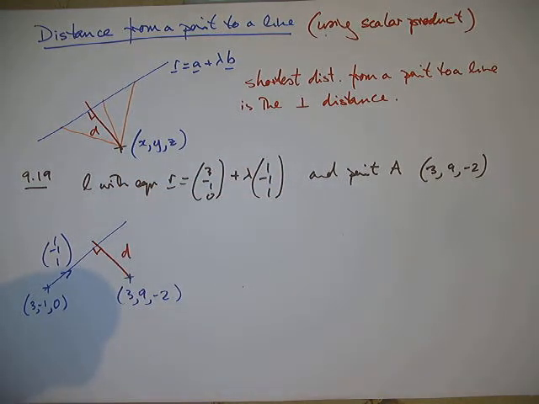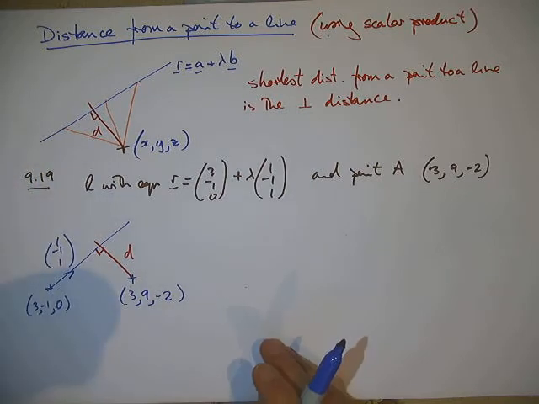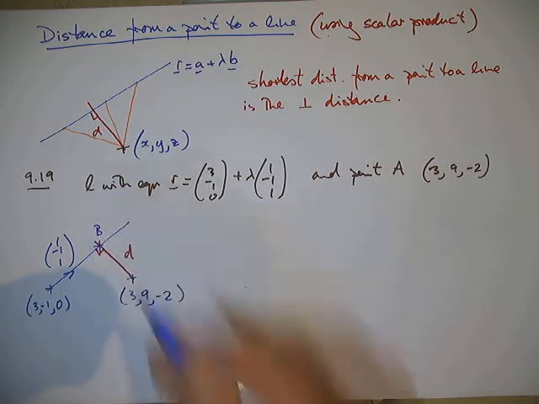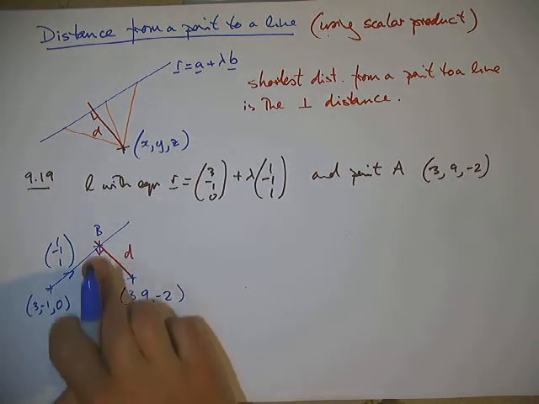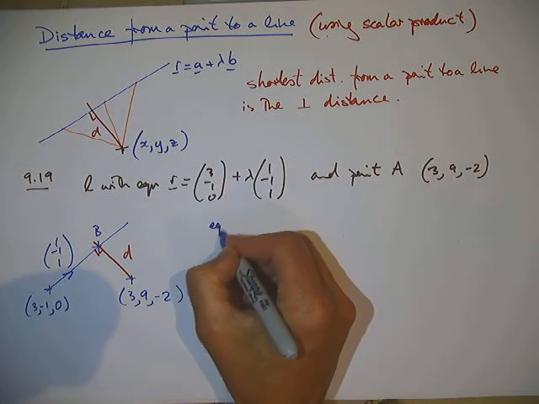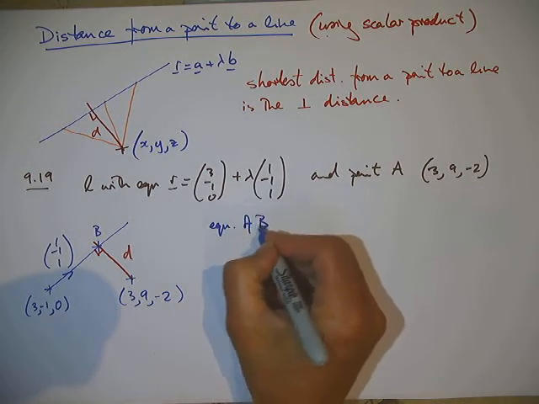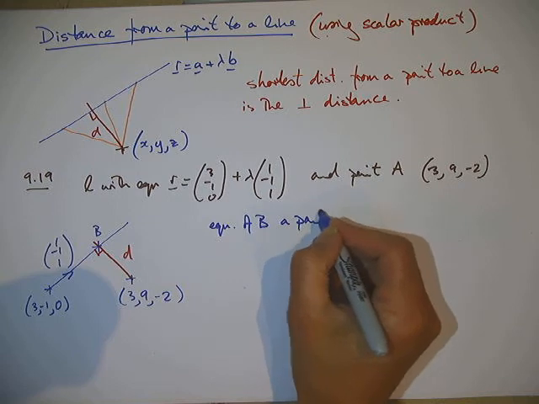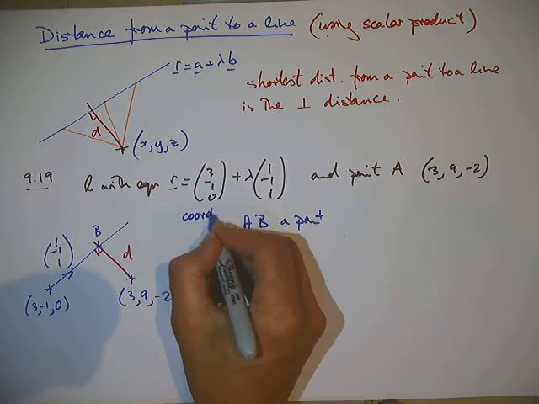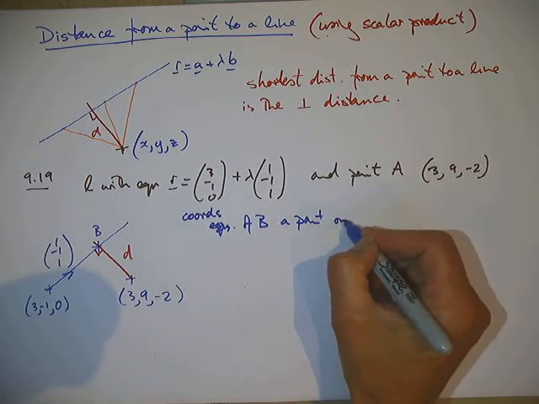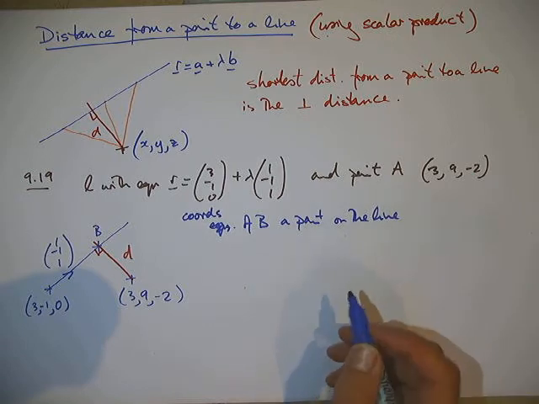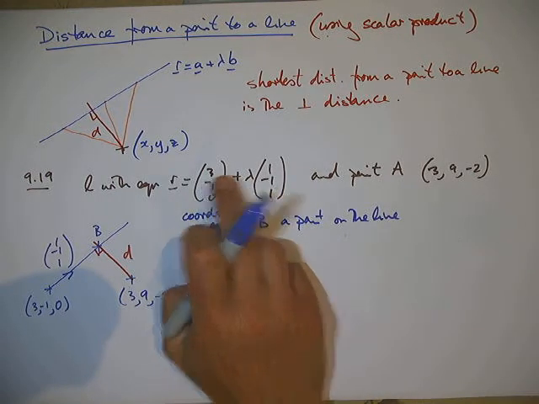How do we find it? We first of all find that point by making use of the fact that the coordinates of B, a point on the line, are 3 plus lambda.